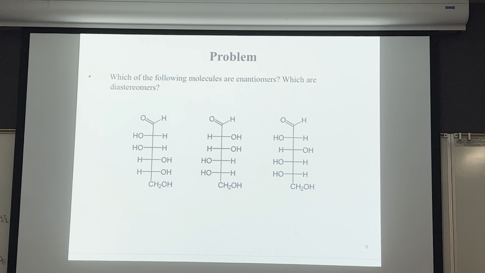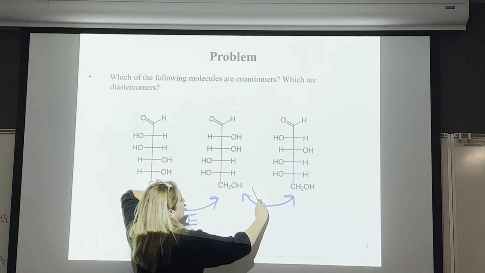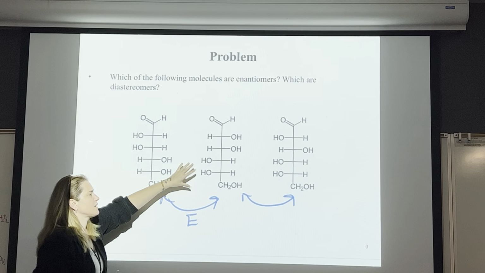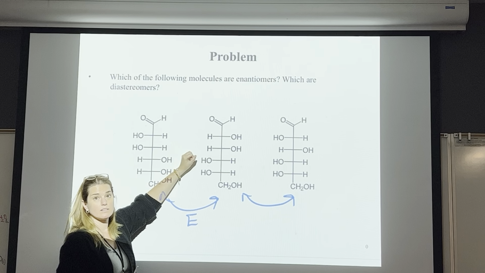All right, what about 2 and 3? Are they completely opposite at every chiral carbon? No. This one right here, those are opposite. This one's the same, right? Do they have the same molecular formula?